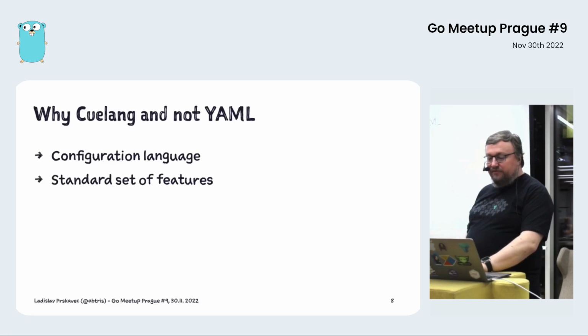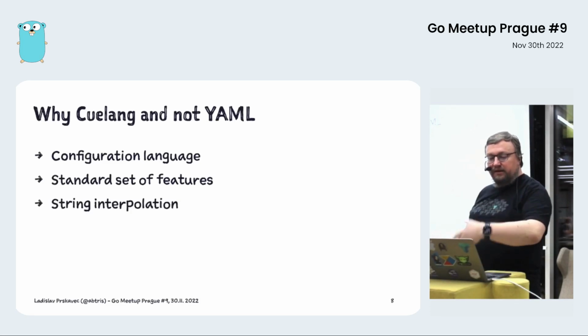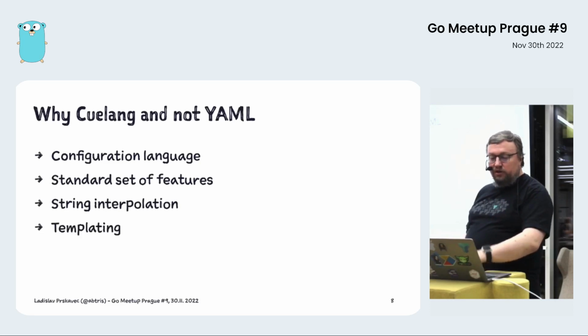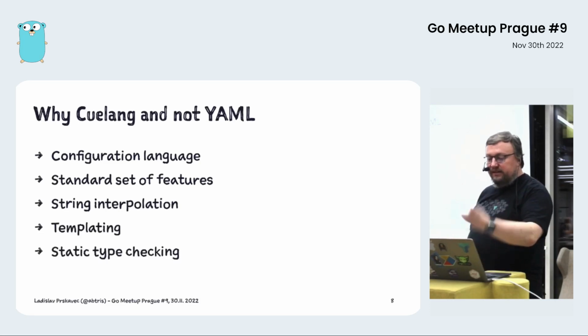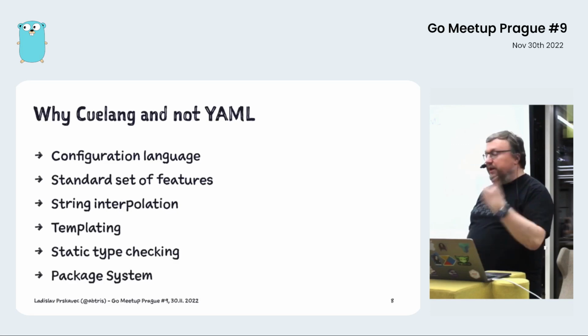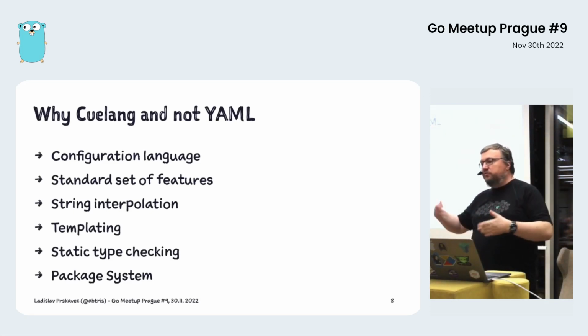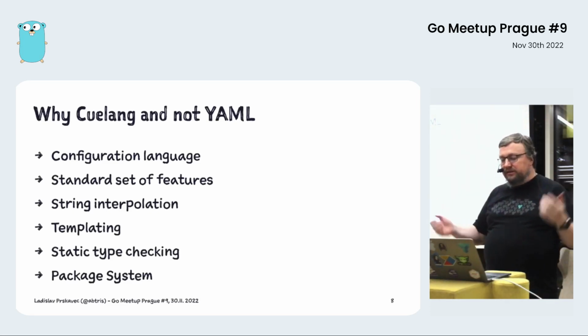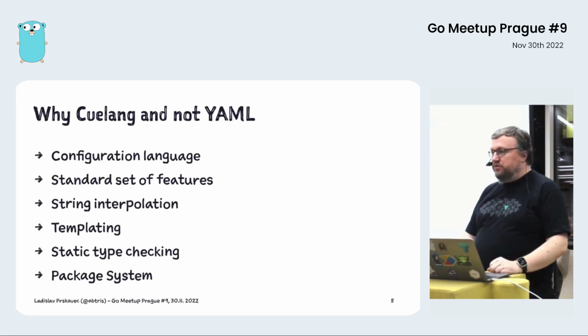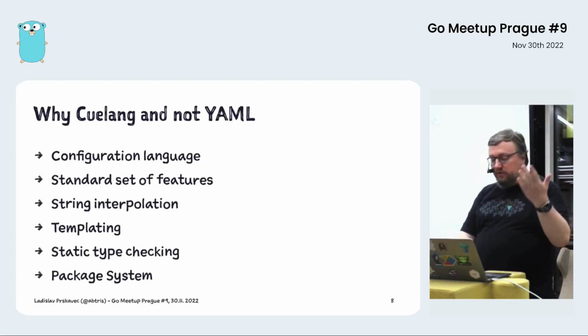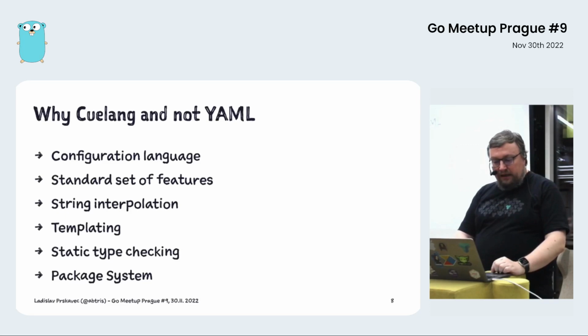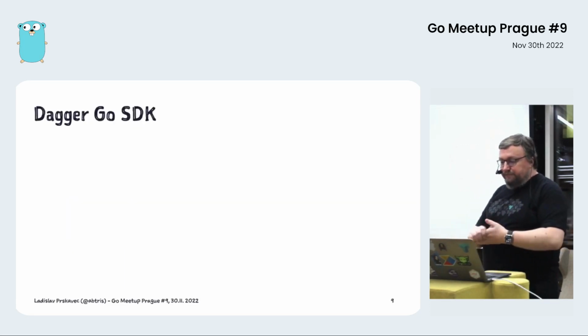The language has a set of features. It has a standard library, string interpolation, templating, static type checking, and a package system. All that you need for configuration. And you can write in CUE, but easily generate YAMLs or JSONs as you need, or TOMLs or anything else.